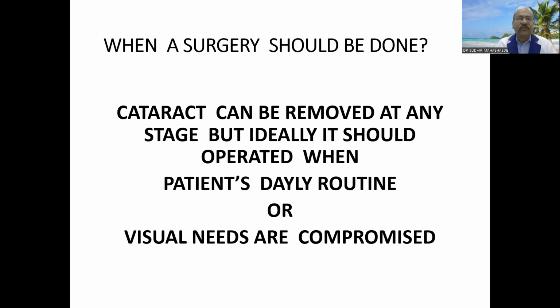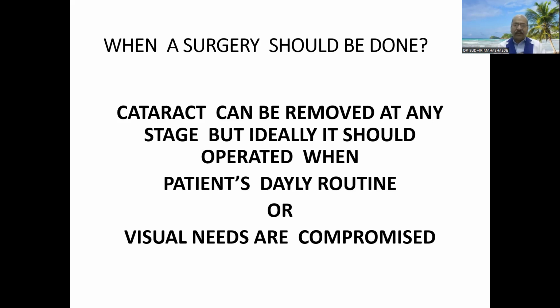In the past, when intracapsular cataract surgery was mainly being practiced, the patient was told that, look, your cataract is not mature, and therefore you wait until the cataract ripens, only then will the operation be done.